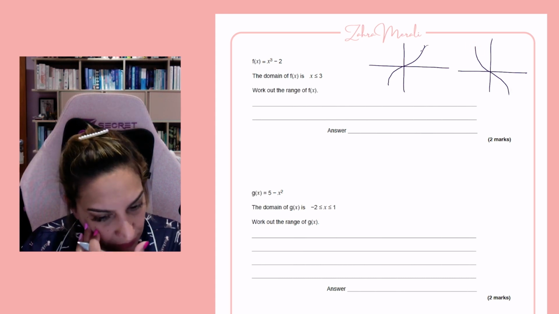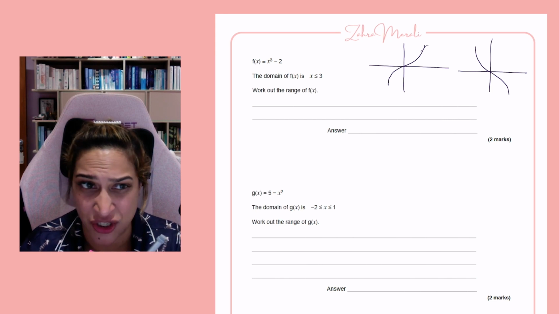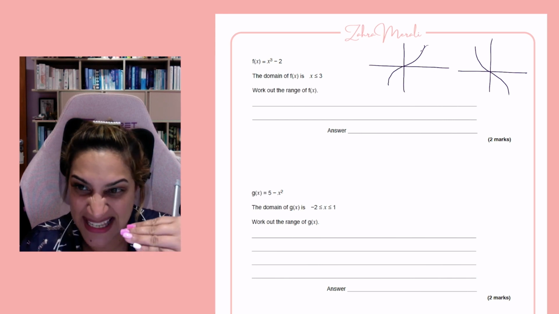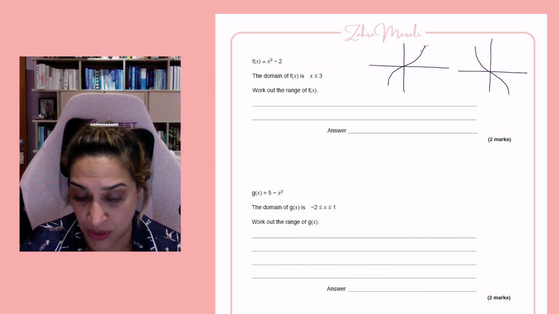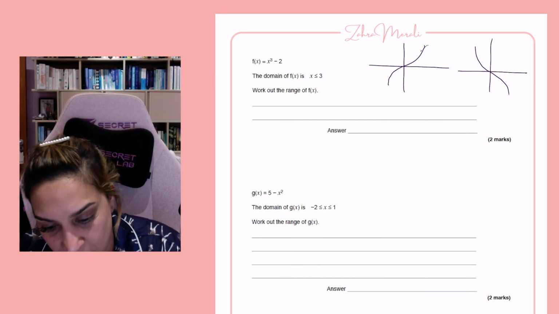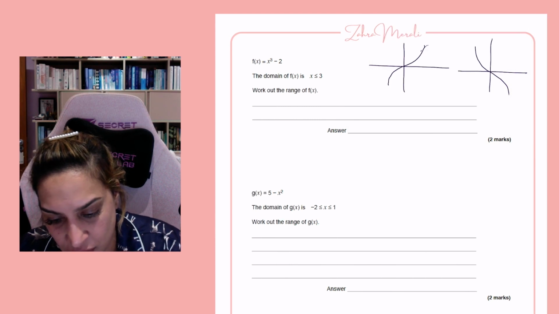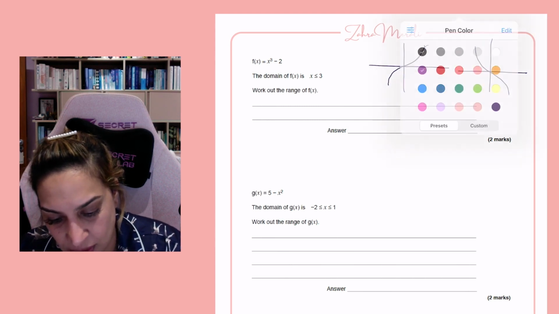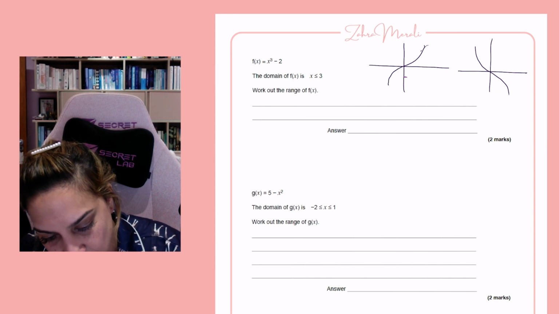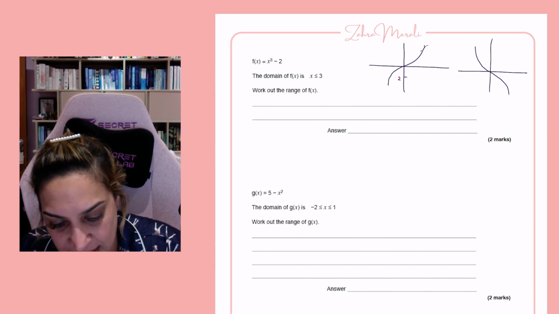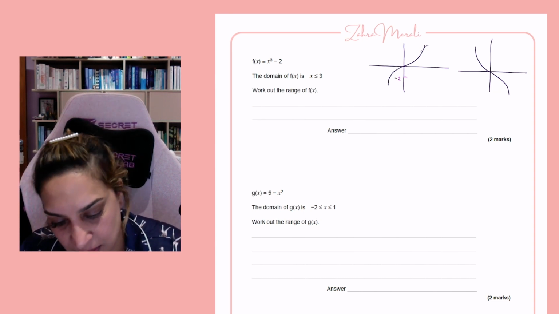Okay? Now what are we doing to that x cubed? We're shifting it down by 2. So the graph that we're actually looking at is going to look something like this. The whole graph has been shifted down, so it's crossing at minus 2.